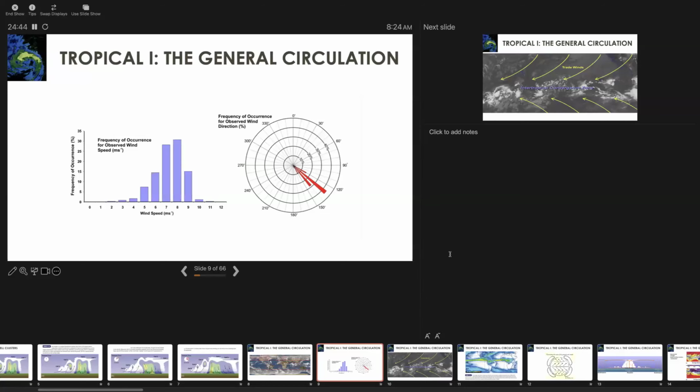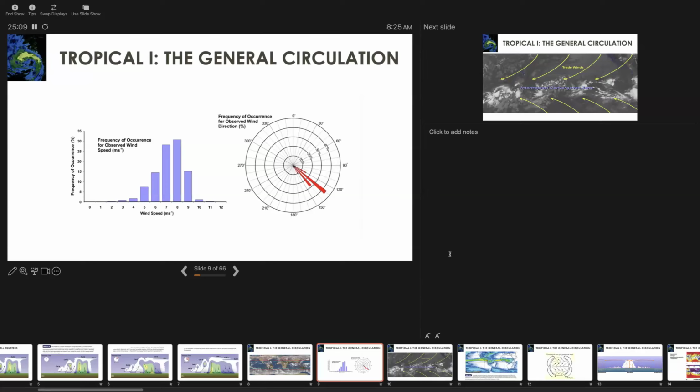So this is from an oceanic buoy that has some instruments sitting on top of it, measuring the frequency of occurrence of wind. It measures the wind speeds and how often those speeds occur, taking the average every hour, and then plots the frequency of occurrence of the wind direction.